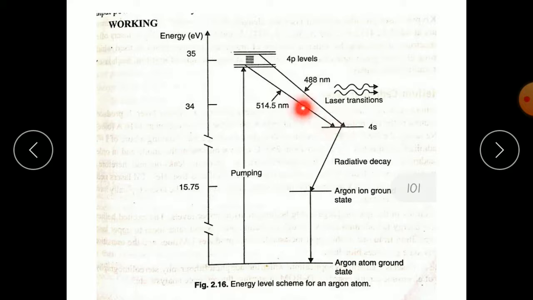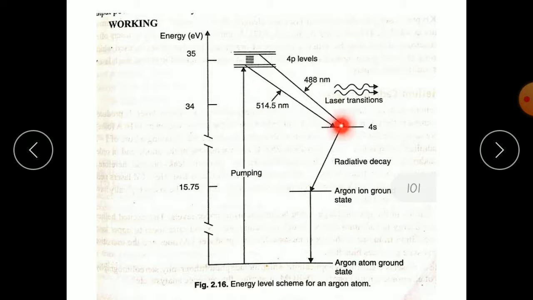These two wavelengths are the intense and most dominant wavelengths emitted by this argon laser. One wavelength is 4881 angstrom, emitted due to this transition, and the other is the green wavelength, 5145 angstrom. So these are the most dominant wavelengths emitted by these ions from the 4p to the 4s level.